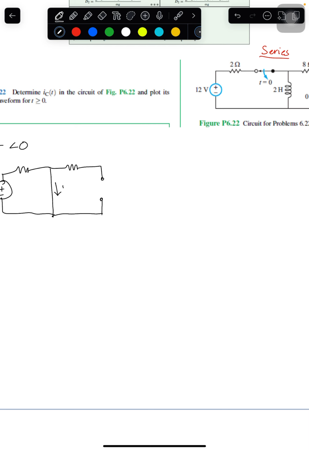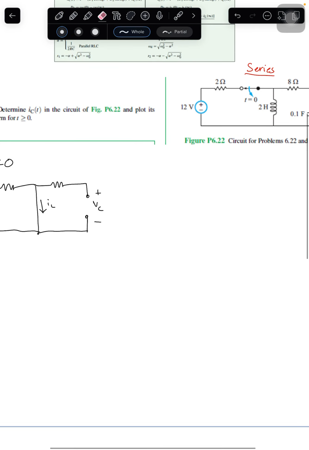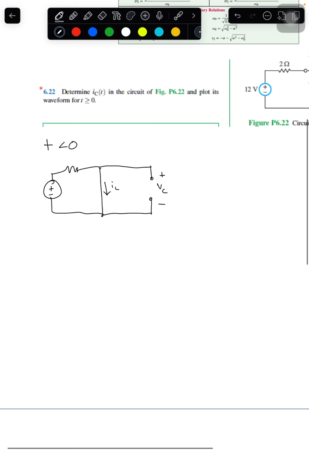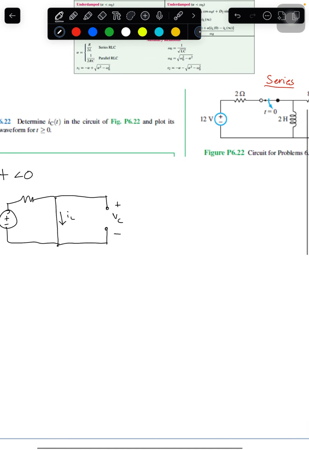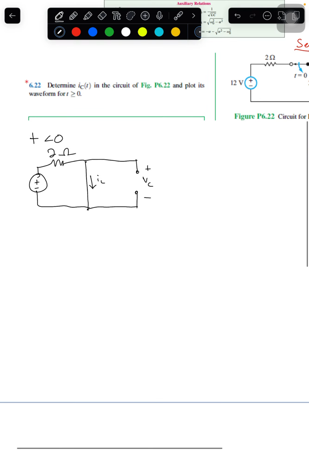So we draw our inductor current first, and then our capacitor voltage. And actually, we can just take this out, because since this is open, there's no current going through here, and so it doesn't matter.